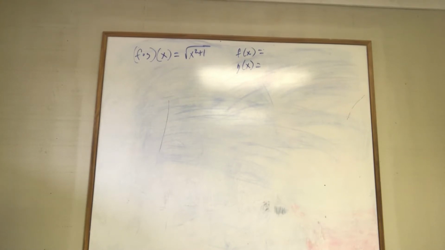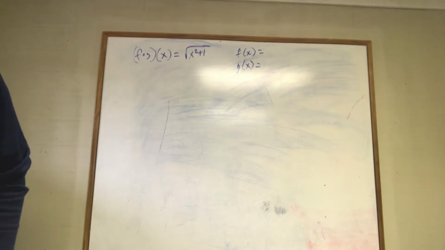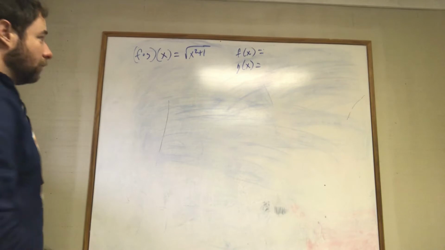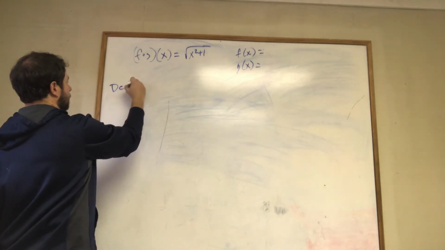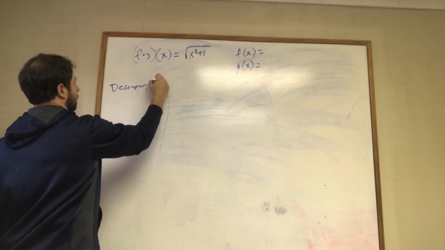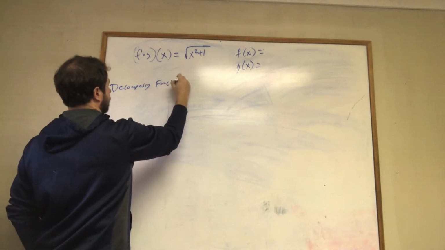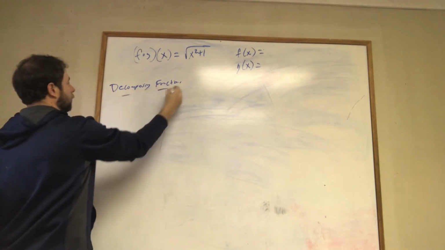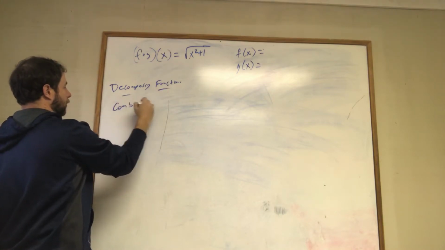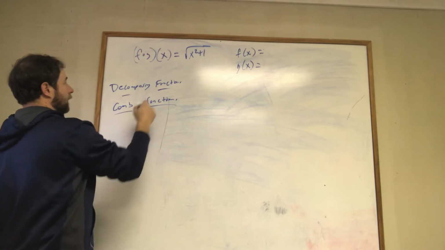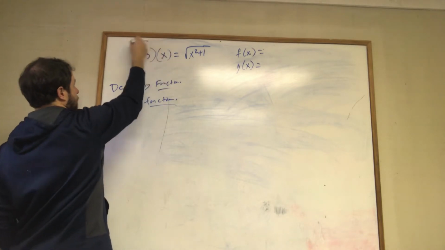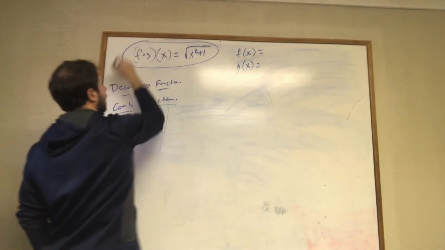This last one from lesson 34 is a real thinking problem. And what we're going to be doing is decomposing functions. Okay? Now, what we've been doing before is combining functions. And so this one actually is already combined.